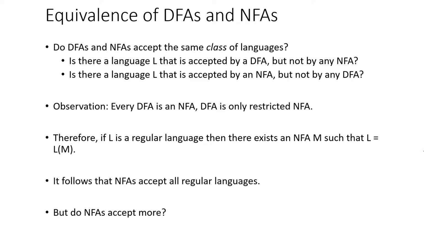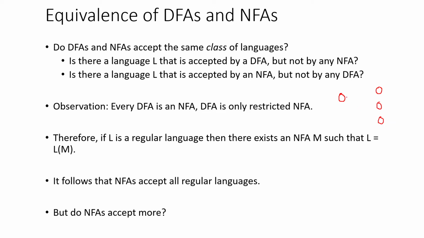There are some observations we have already seen in the previous lecture: every DFA is an NFA. Why am I saying this? Consider a situation where you are in a state Q0 and there are many more states over here.